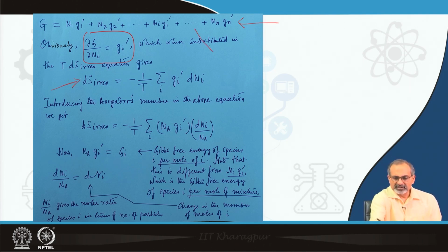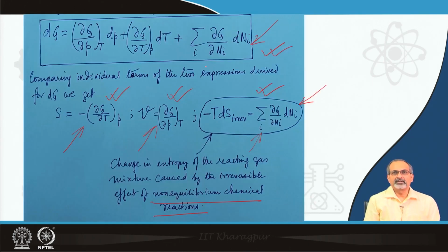So, keep track of this equation, keep track of this fact, and that is what we make use of in this equation. So, we are basically talking about this term.